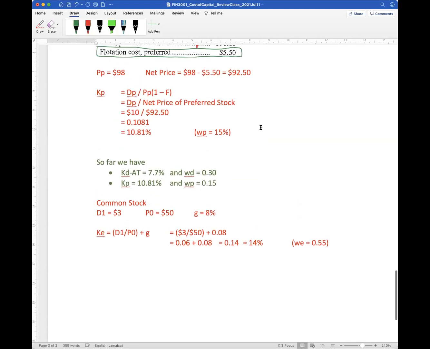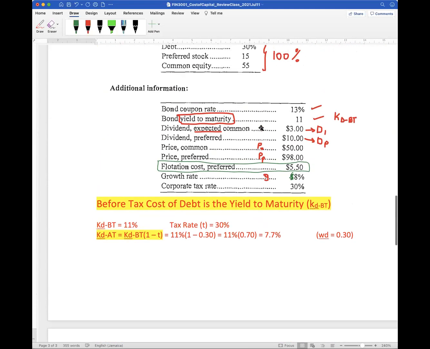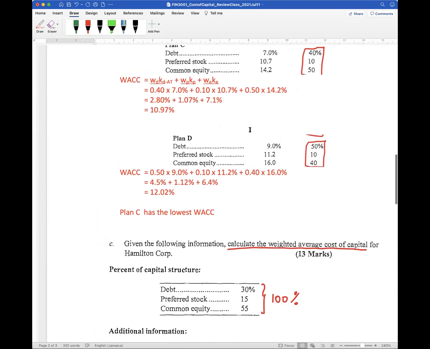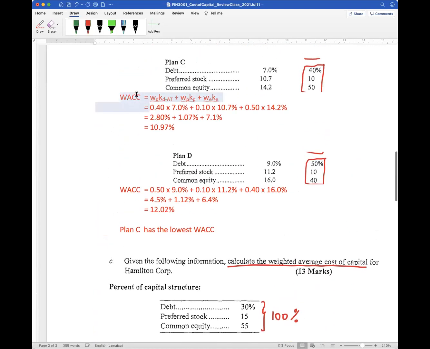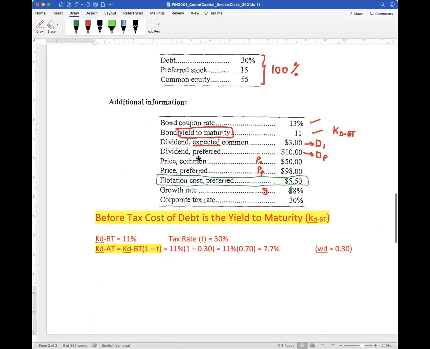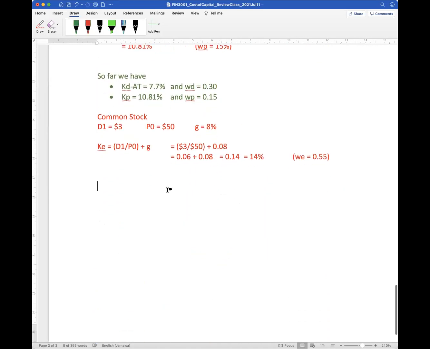So let's go back to the WACC formula. I'm just copying to save some time. All right, so weight of debt 0.3 times 7.7%.